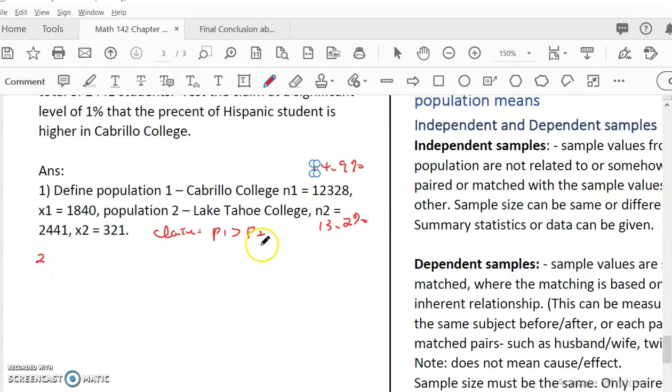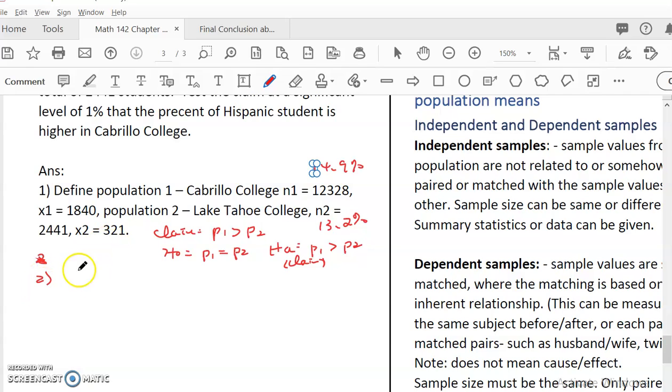Then our H0 would be what? It's always the same. And our alternative would cover the claim, p1 greater than p2. So this is where the claim is. You have to write it down. And remember, if it is like that, in your final conclusion, you can use the support statement.